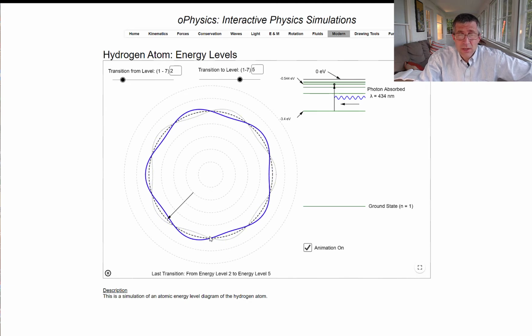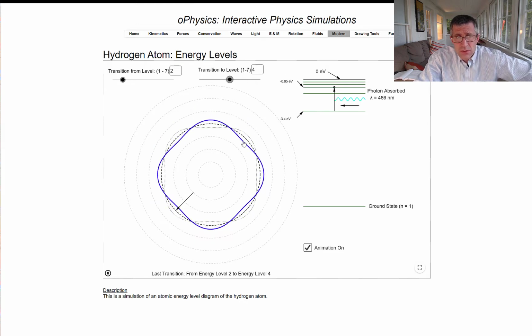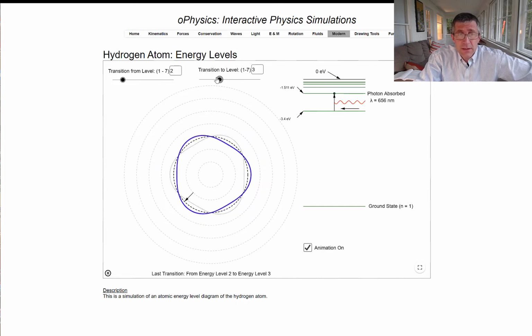You can see this purple thing oscillating in and out, and so my wave can exist at this location. I can move it closer to the nucleus, and it can exist at another location. Notice that the number of humps changes, which we call the antinodes. The number of antinodes changes as I get closer, and so on.